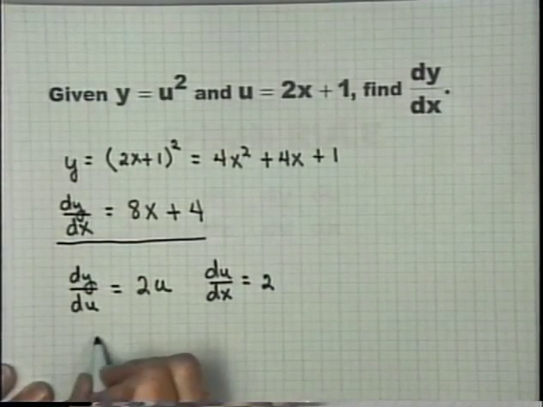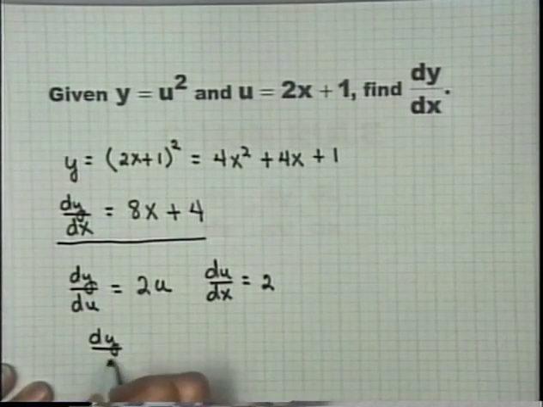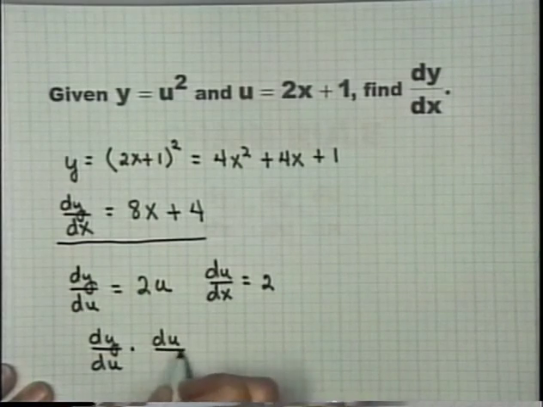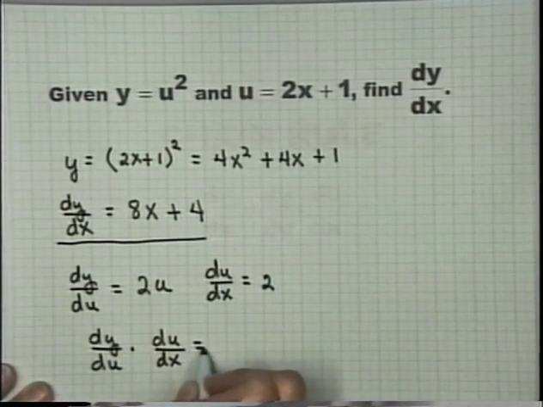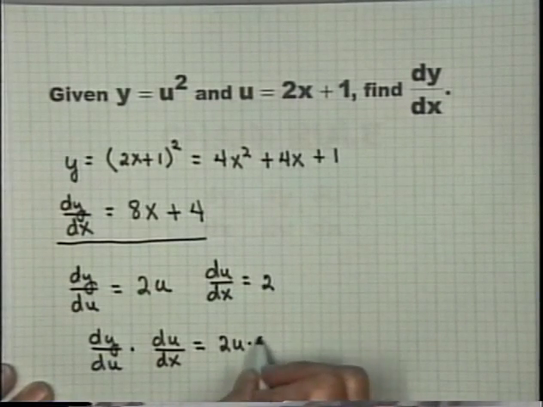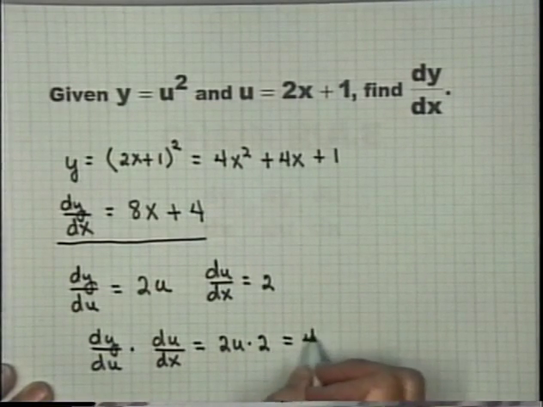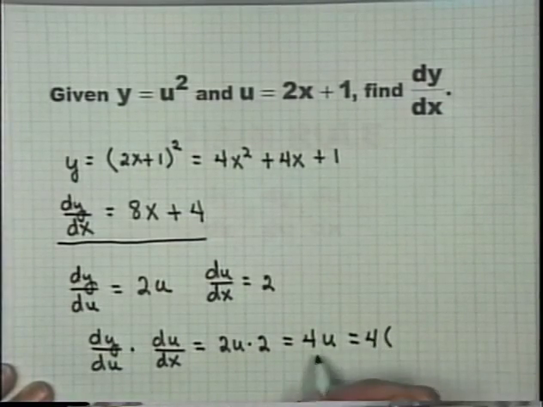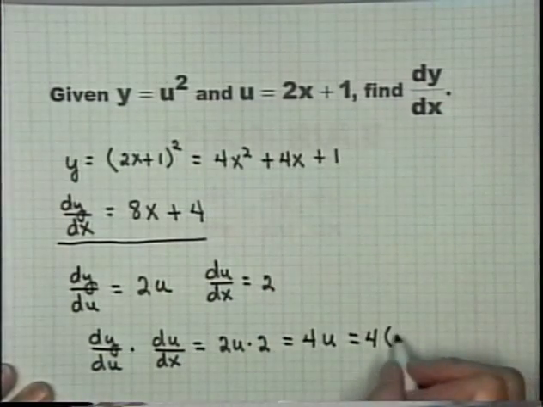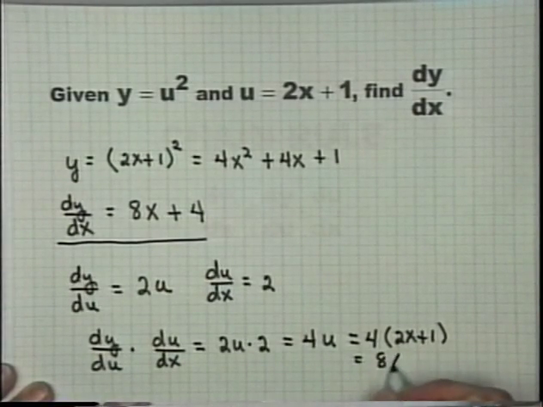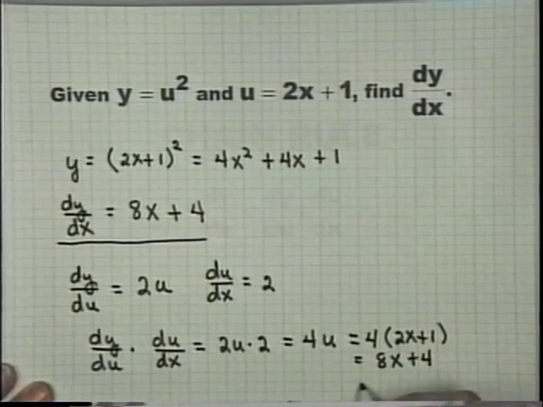Now, I want to show you what happens if I take dy du and multiply times du dx. Well, dy du is 2u, du dx is 2, so I get 4 times u. Notice, if I replace u with what it's equal to, the 2x plus 1, I have 8x plus 4.